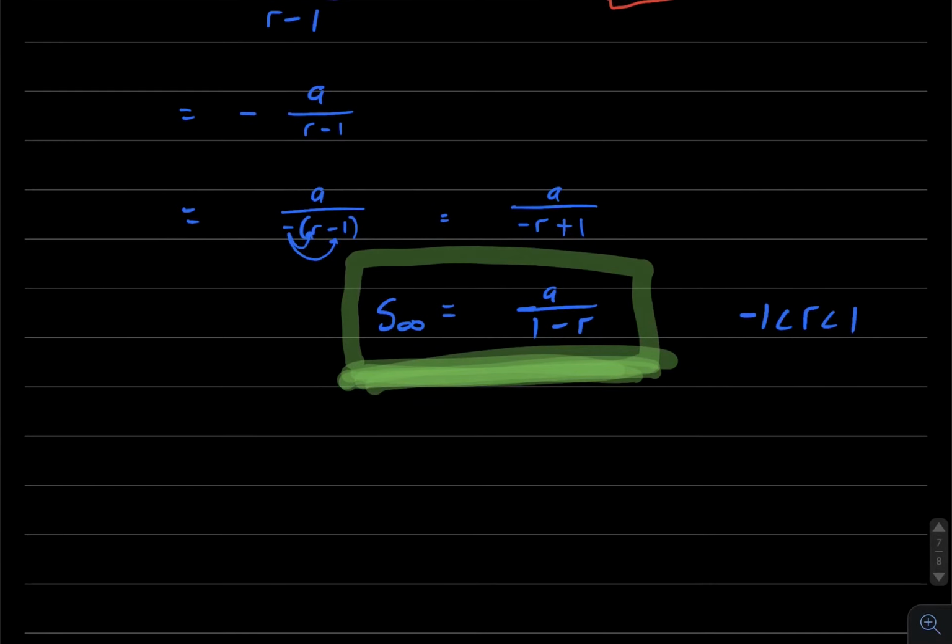And these have been the basic concepts for convergence and divergence, convergence of geometric series, the formula, and the properties. So it should be simple for you to just apply this formula from now to find the sum to infinity for a convergent geometric series. Convergent meaning that r is in this interval.